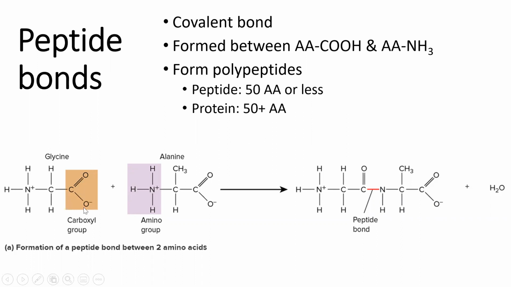Again, you're taking the OH from the carboxyl group, you're taking hydrogen from the amino group, and you're forming this peptide bond right here. And then also you have the formation or the loss of water from these molecules to create it. So remember, dehydration synthesis or a dehydration reaction.